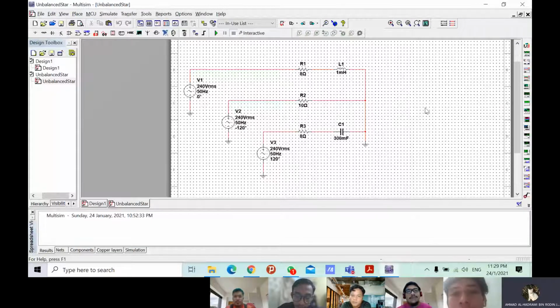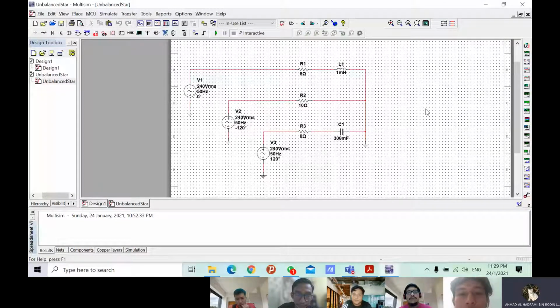As you can see, for the first voltage supply we use 240 VRMS, 50 Hz and 0 degree. For the second voltage supply, we use 240 VRMS, also 50 Hz, but the degree will be negative 120.